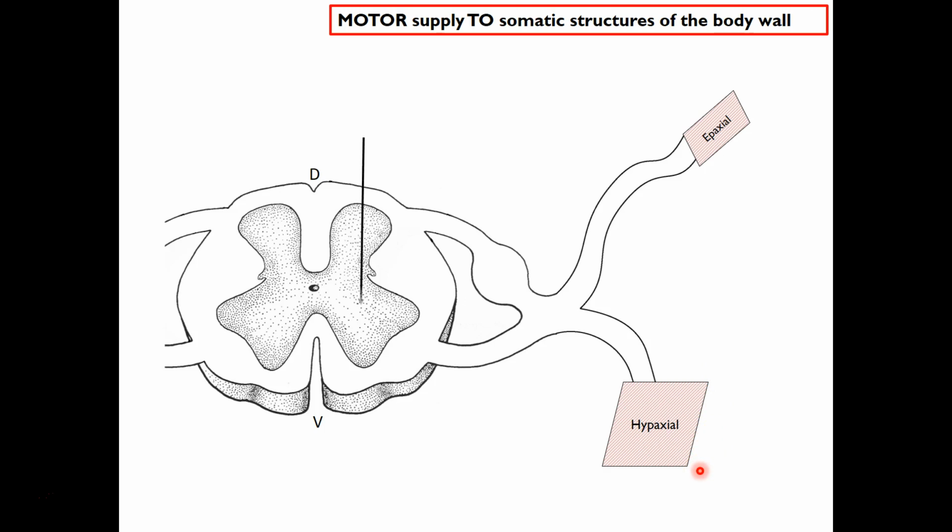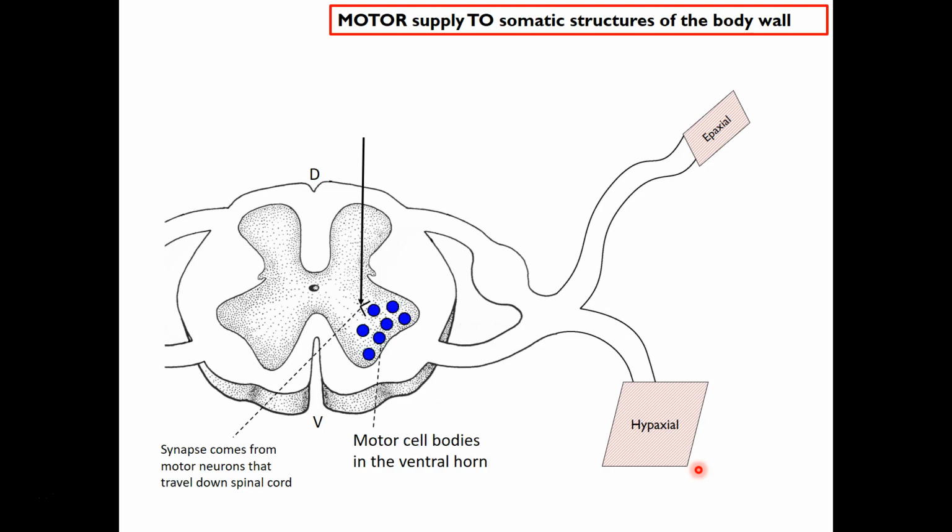And so the way that this pathway would work is we have a signal coming from the central nervous system, a synapse, and this synapse happens on motor cell bodies that are located in the ventral horn of the spinal cord.